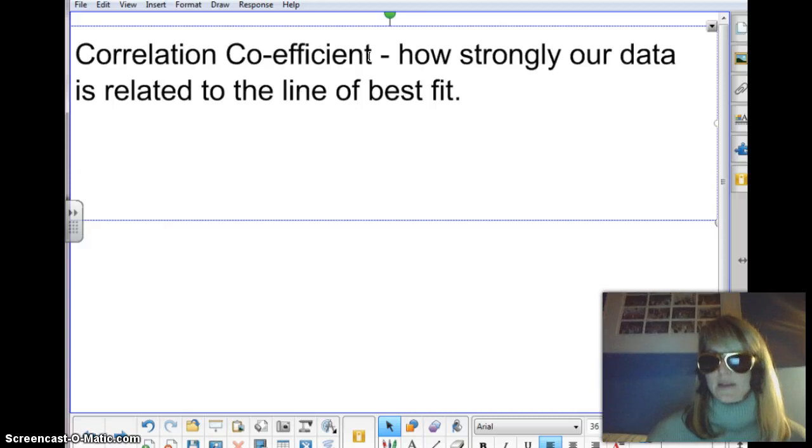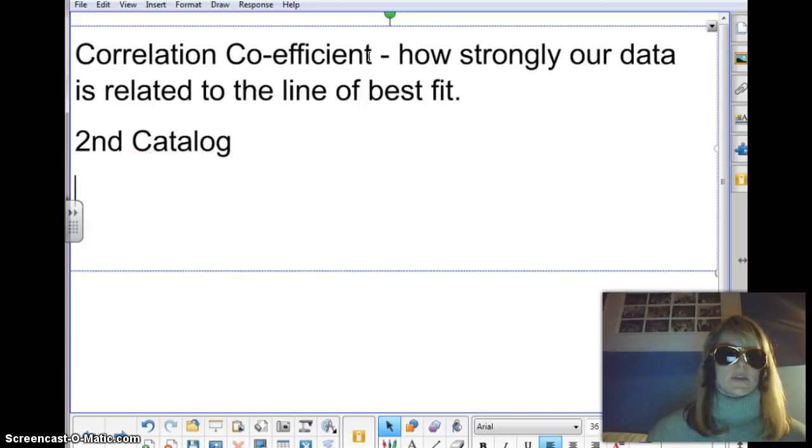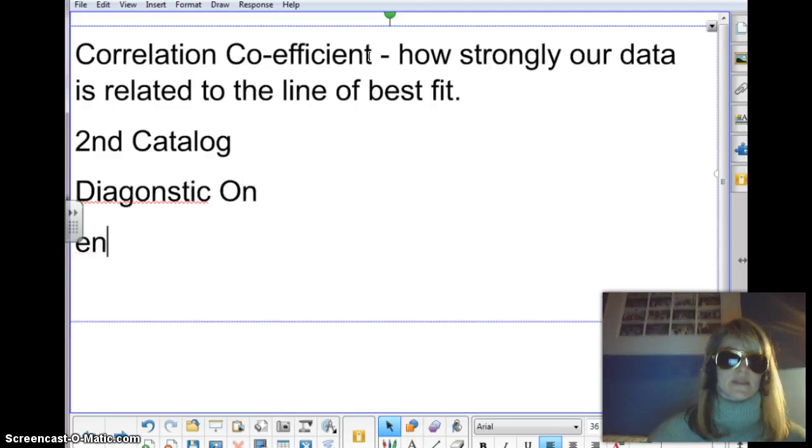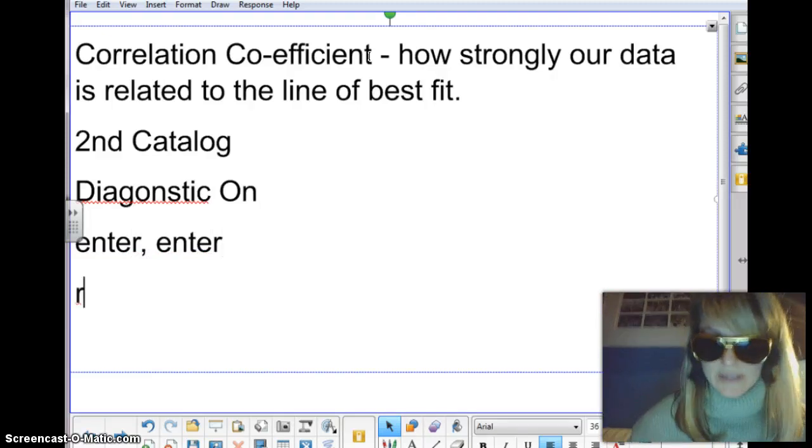The R will always be there, but if you reset your calculator, it goes away. So we do second catalog. We look for diagnostic on, and we have to hit enter twice. Enter, enter. And the correlation coefficient is denoted with the letter R.